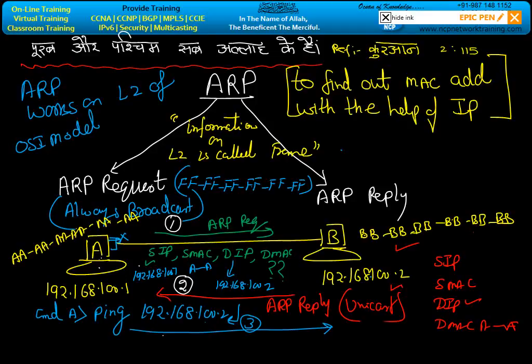Similarly, the machine will not go to B until machine A gets the MAC address of B. With the help of the ARP request and ARP reply process, when machine A gets the ARP reply with the MAC address of machine B, then machine A will send the echo request, and in the fourth step we will get the echo reply from machine B.